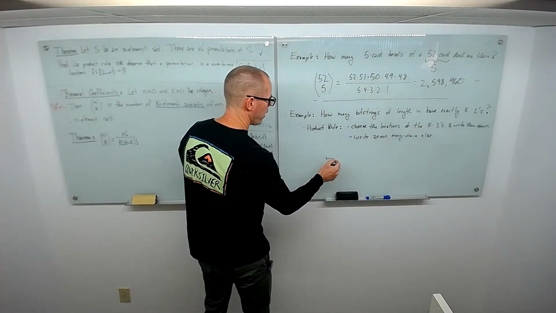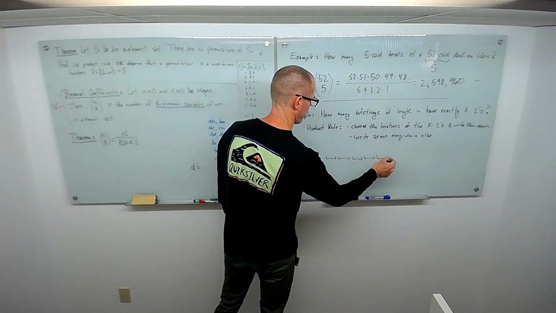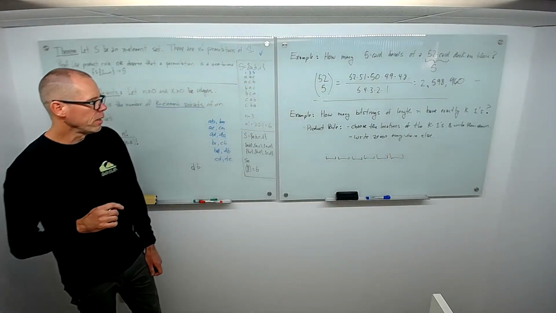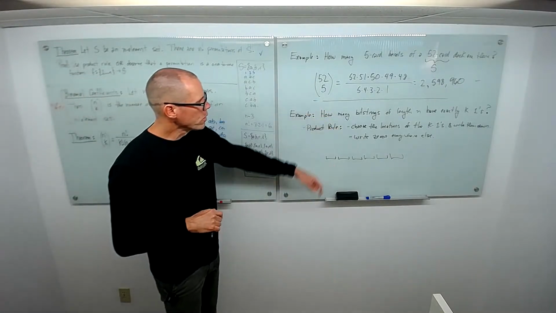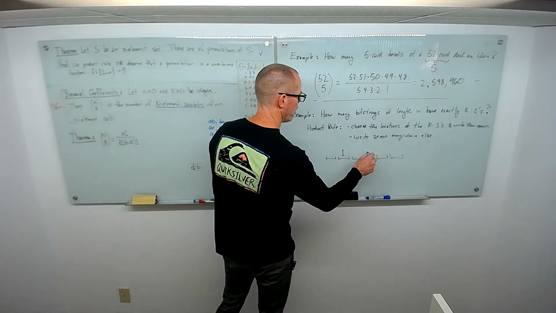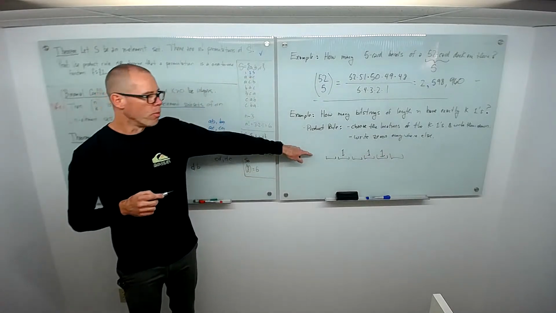Right, if I want to make a 6-character bit string with exactly 3 ones, well, the first thing I can do is choose where the ones go. Maybe I would like to put a 1 here, a 1 here, a 1 here. That gives me exactly 3 ones.